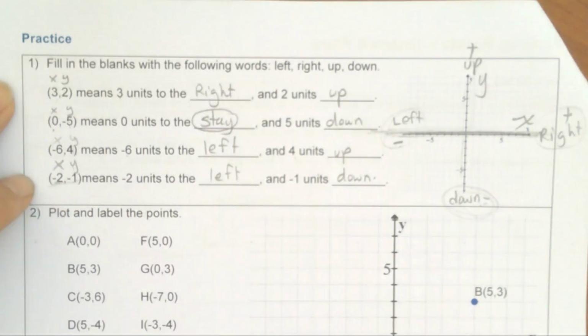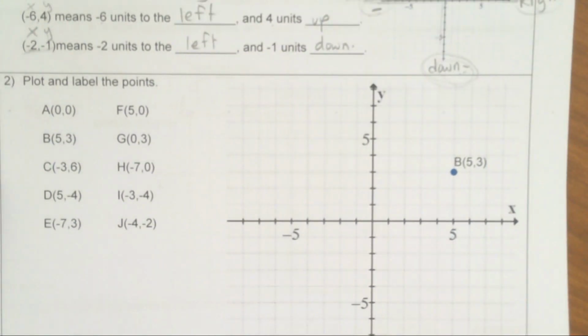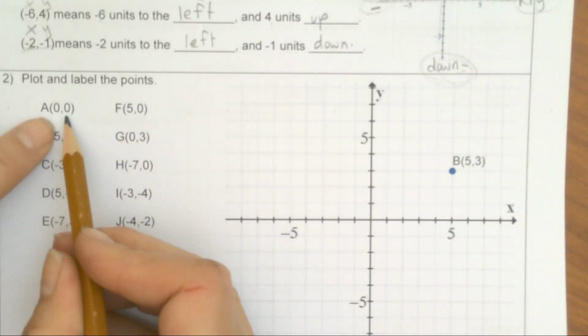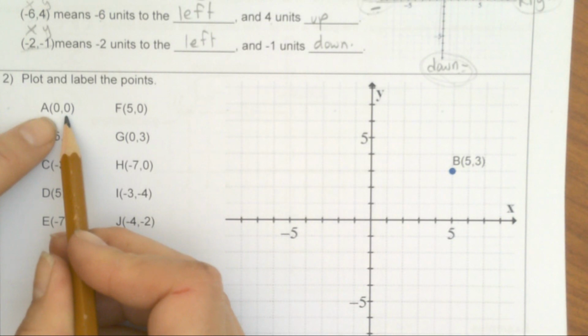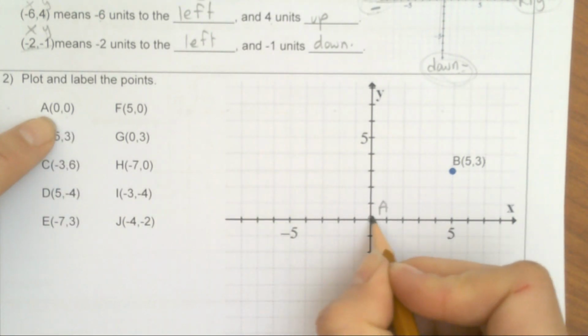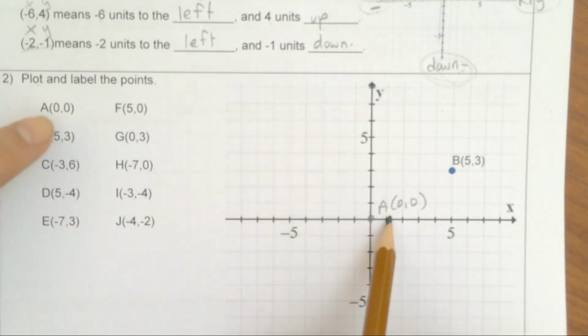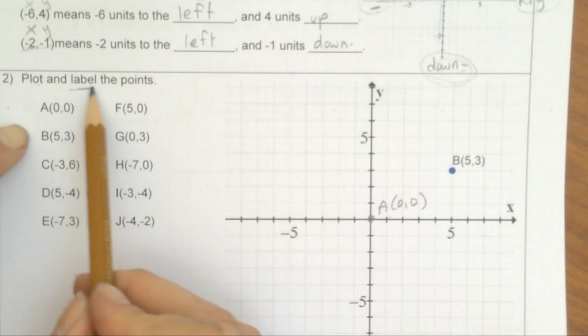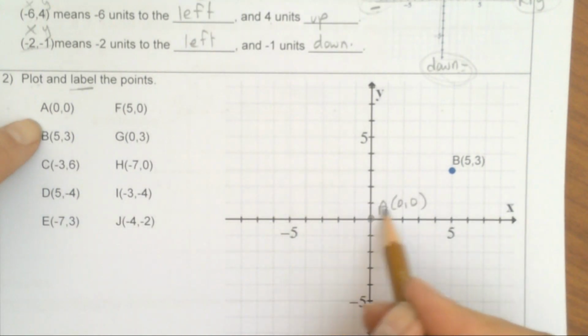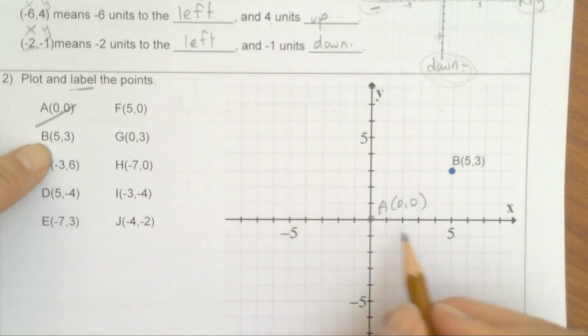Okay. So let's do a few here. So, where would A be? 0, 0. Yeah, right in the middle. A is here, 0, 0. So it says plot, which means put the point on the graph. Label the point, which means put its name, A. Okay, B, I have to go 5, 3.